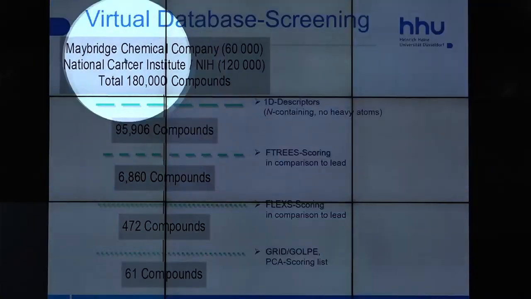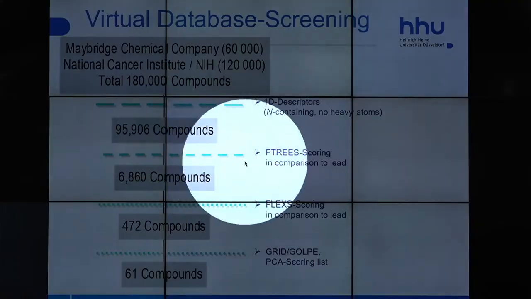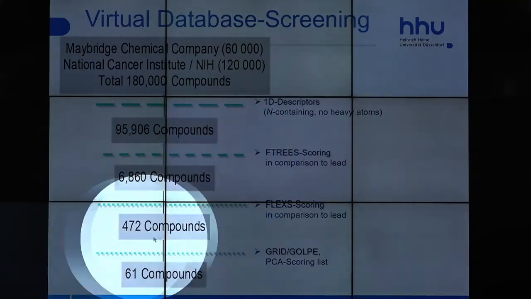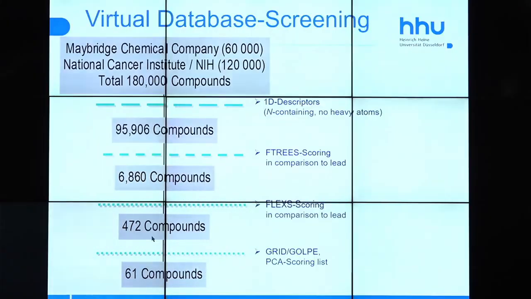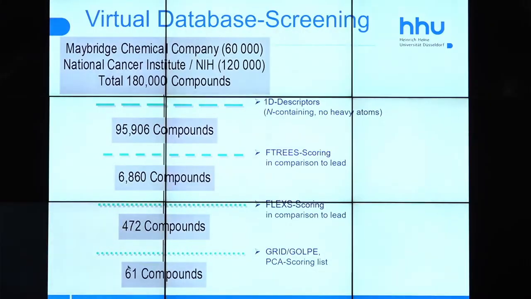But you see, these compounds were then reduced to one-dimensional descriptors. There were some other descriptors taken, and then these were put into this grid positioning. And then at the end, we ended with 61 compounds.